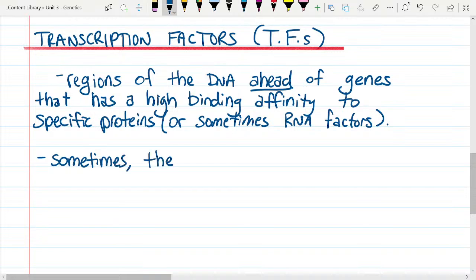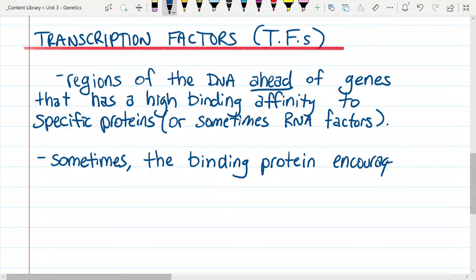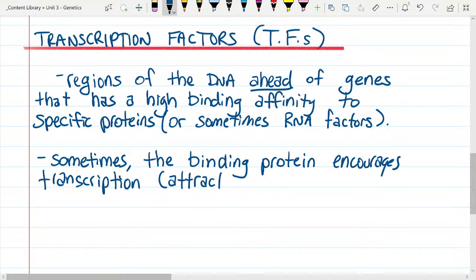Sometimes the binding protein encourages transcription, i.e., it would attract what? What is the enzyme responsible for transcription? Very good. So it would attract RNA polymerase.